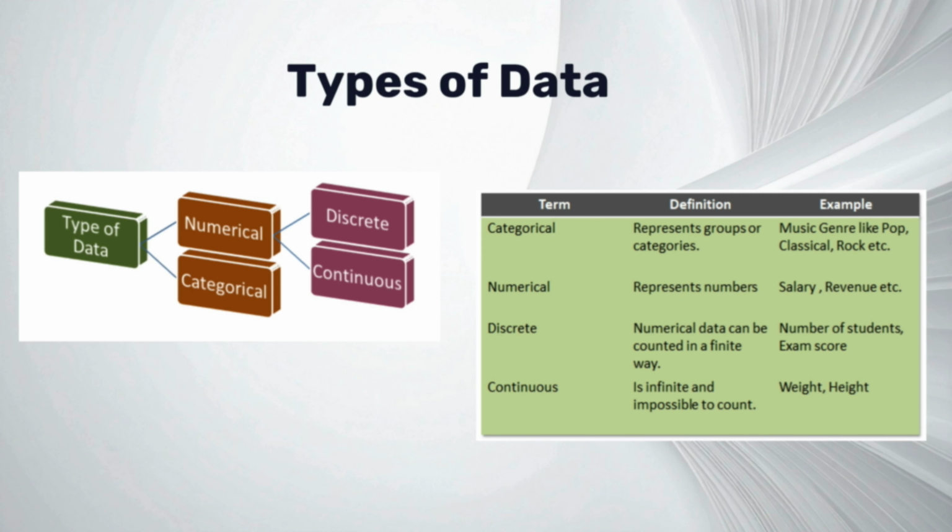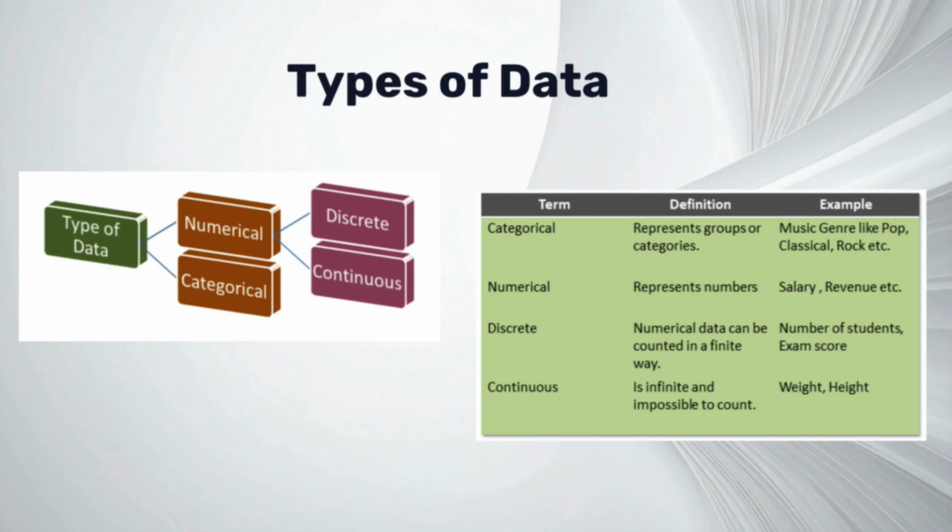So there are two types of data. One is numerical, another is categorical. Under numerical, we have discrete and continuous. So let's see the definitions. Categorical represents a group or category, for example, music genre.